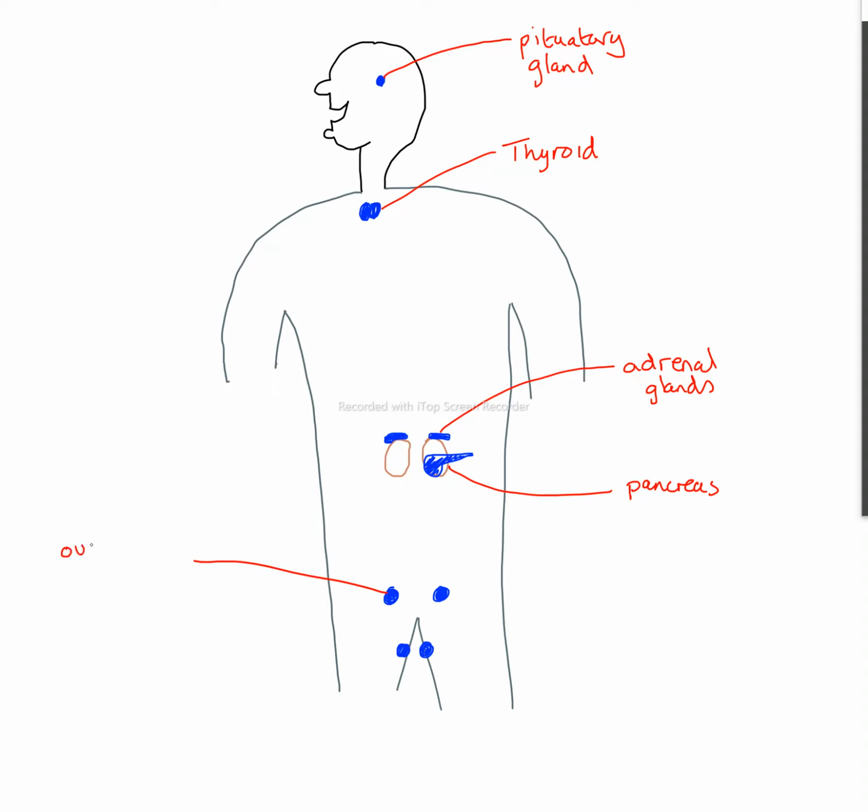These are the ovaries. And these are the testes for males. So this is for men and this is for women. Now you've got the structure, these are the glands that you need to learn.